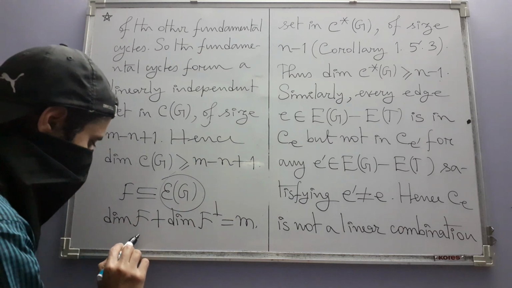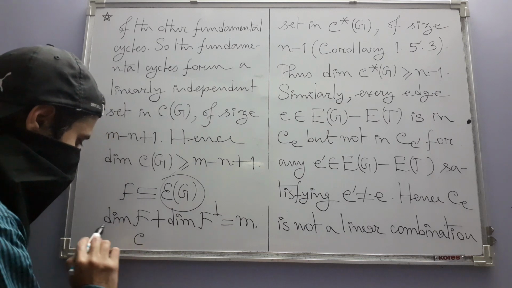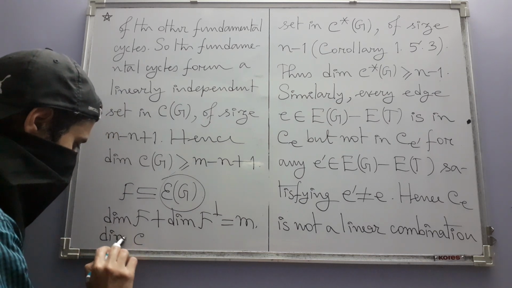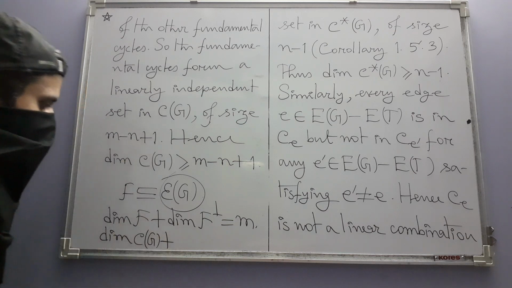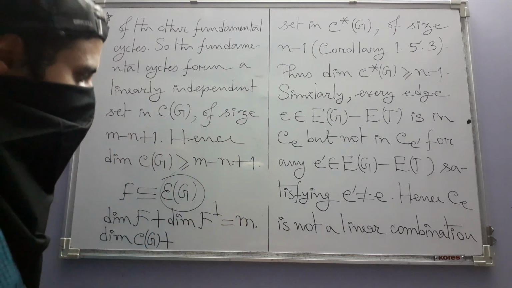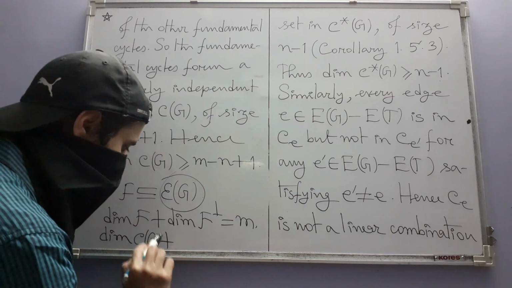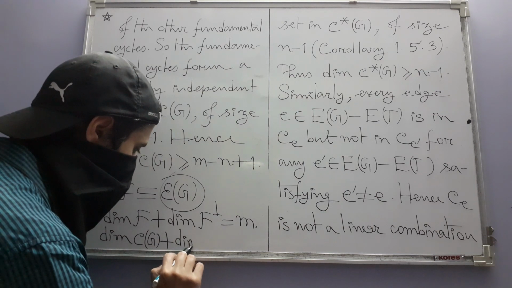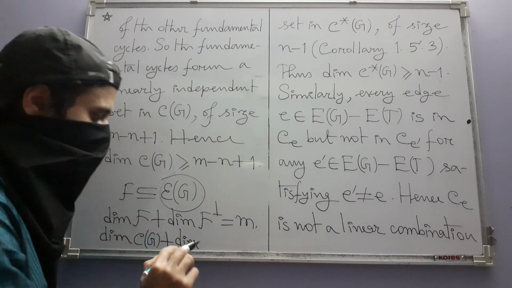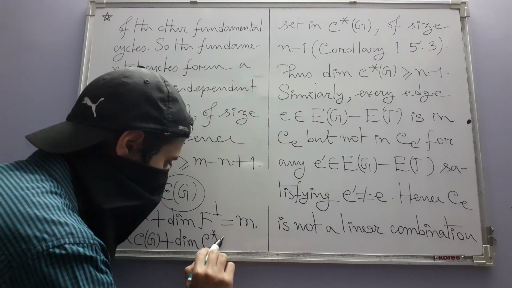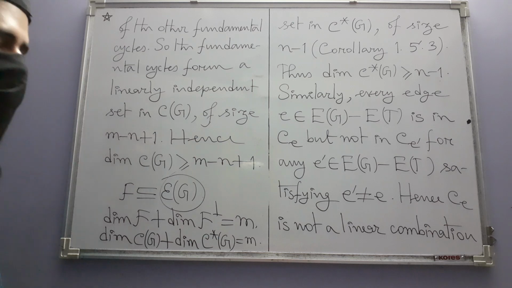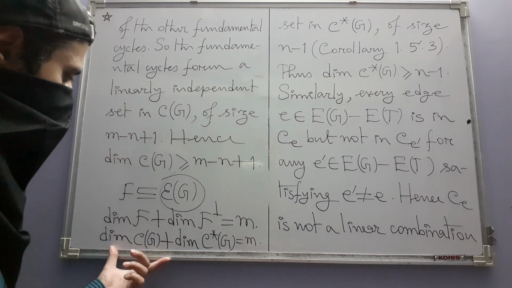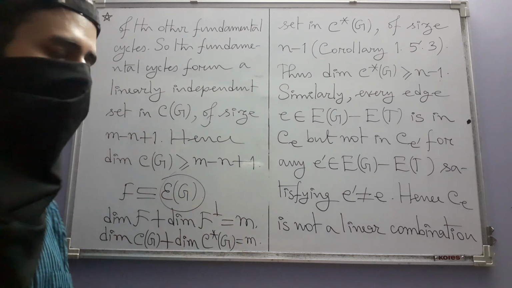Now think of the cycle space here, C of G. Now that result I was talking about, which we proved in the previous video, is that C perpendicular is nothing but C star. Okay, so we now have this thing.